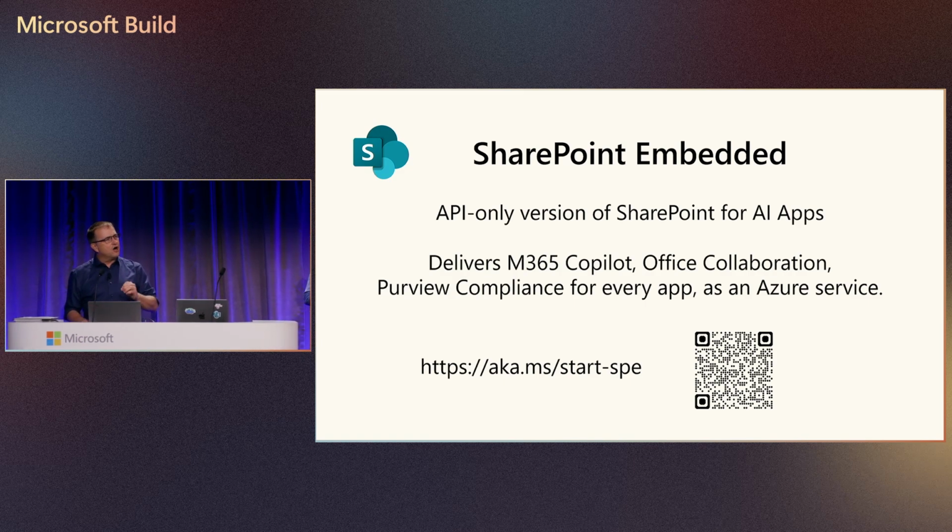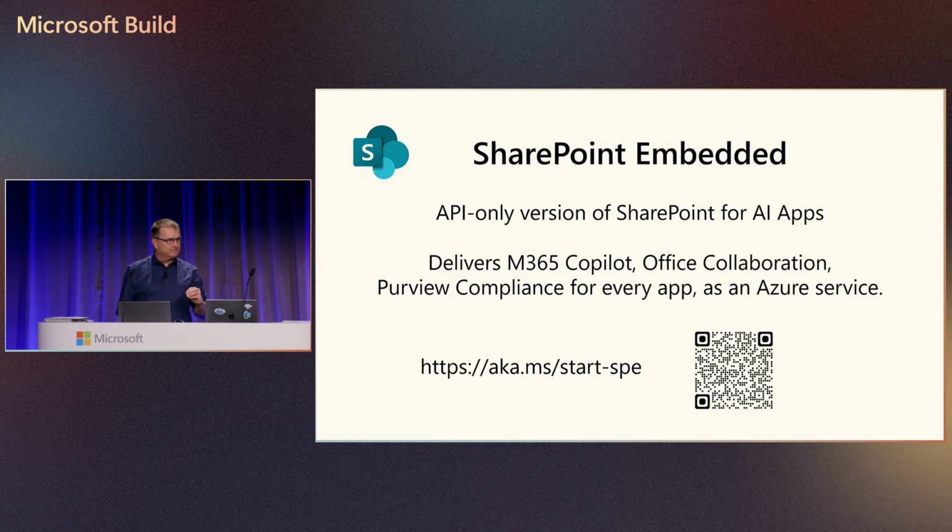And it does this all as an Azure service. We've seen probably a lot of things today, this week, about ways that you can use AI, ways that you can build agents. But if you are trying to get all of these things together, there is one way to do it, and that is SharePoint Embedded. If you want to get started on it, you can look at this aka.ms start SPE. Don't worry, we're going to show that again.